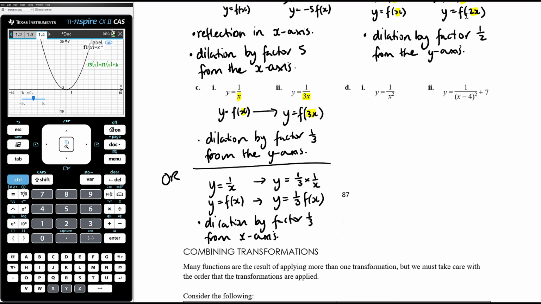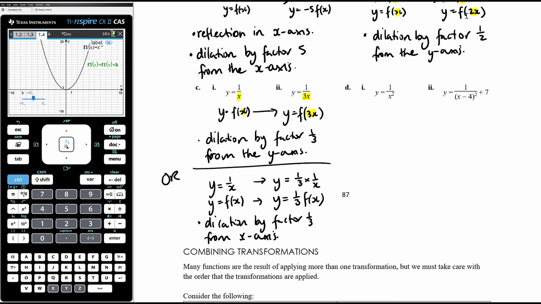If this was a quadratic, for example, dilating by a factor of 1/3 from the y-axis would mean getting 3 times x squared, which is 9x squared. Whereas dilating by a factor of 1/3 from the x-axis would be 1/3 times x squared, and these aren't the same thing. Okay, so you can often describe transformations in more than one way, but it's not to say that they are the same for all function types.